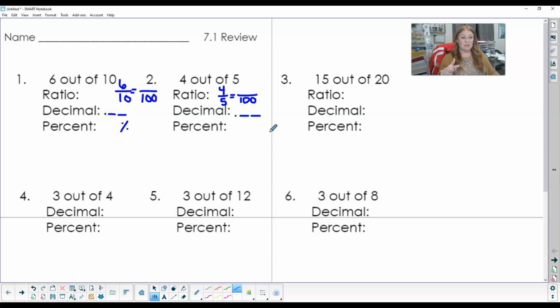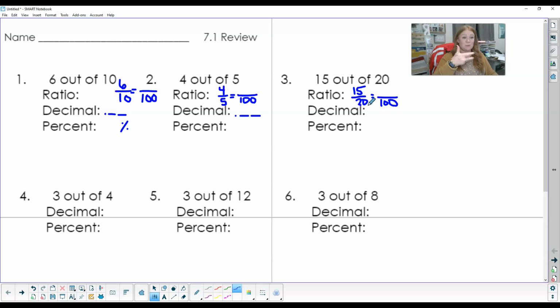If you can do this on your own and fill out this paper, you go for it. If you get stuck, make sure you come watch this video. So 15 out of 20 is my ratio, and I want to turn that into 100. So I ask myself, how do I get from 20?